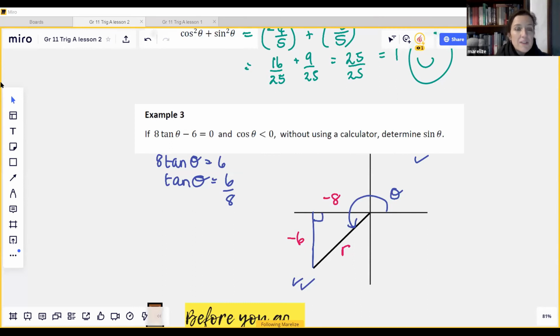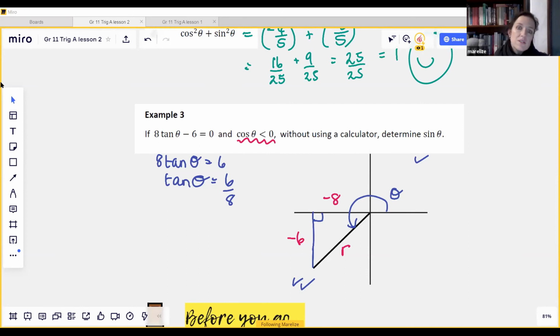We can't draw in the first quadrant because it says here that at the same time cos must be negative. So in the first quadrant, cos is positive. So we first look, where's tan positive? That's in the first and the third quadrant. Then at the same time, cos must be negative, and that is in the third quadrant, not in the first quadrant.